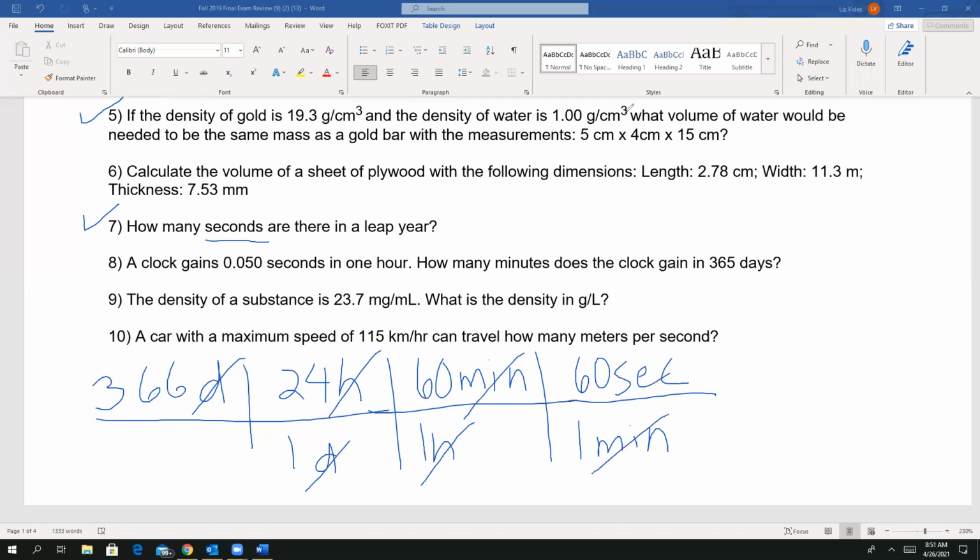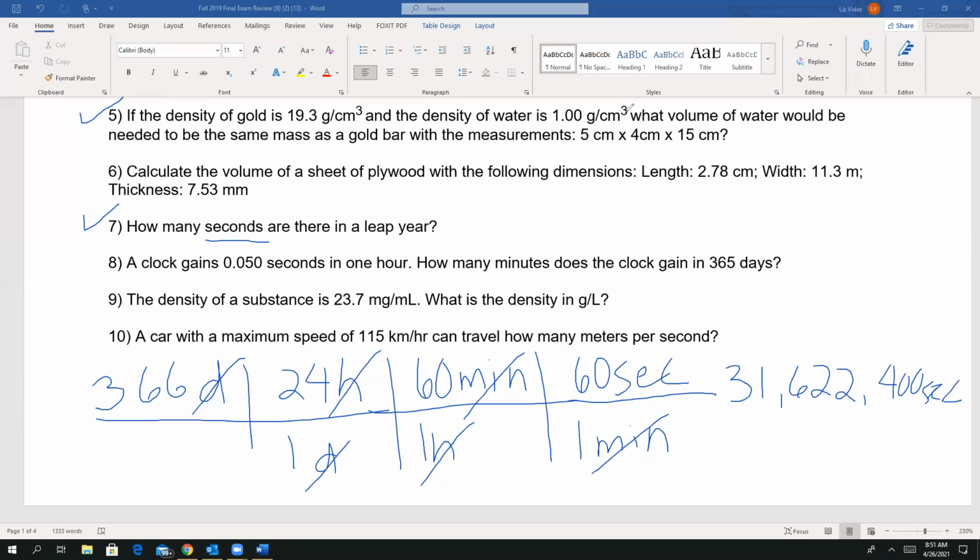Now we'll just multiply 366 times 24 times 60 times 60. And we have our answer, which is a huge answer. It's 31,622,400 seconds.